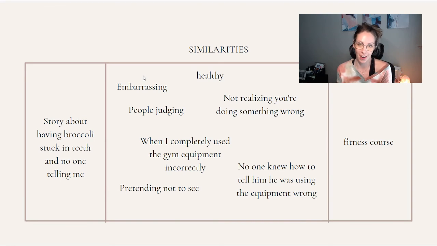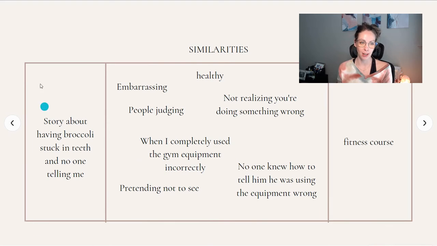You don't have the heart sometimes to tell that person that they've got kale or broccoli in their teeth. And then I wrote, we pretend not to see those people when they're doing things wrong.